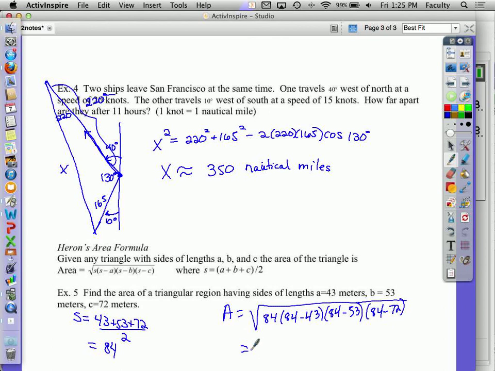So it's just a calculator crunch. Be careful though with area and units. Area has units that are squared, so 1,131.9 meters squared.